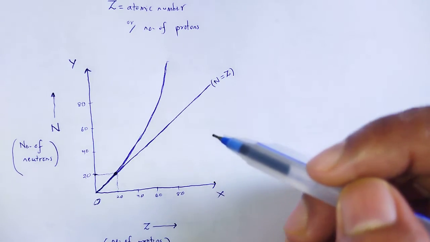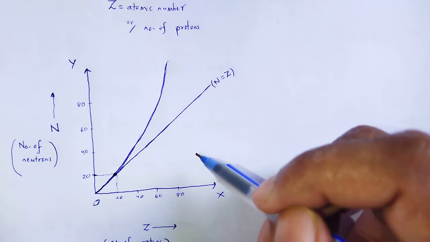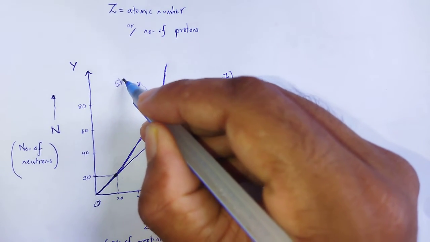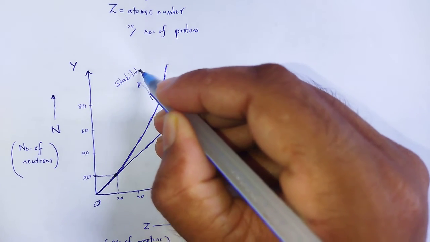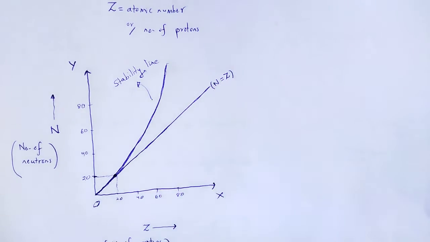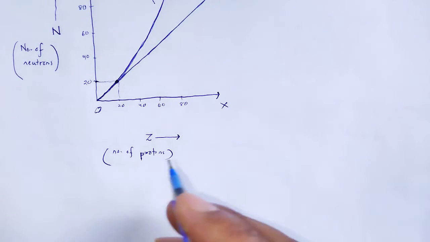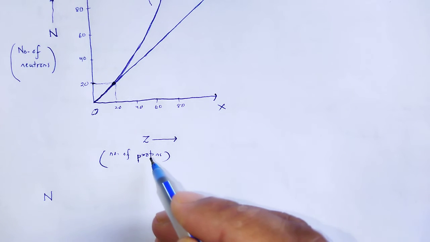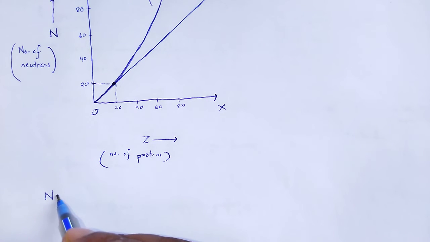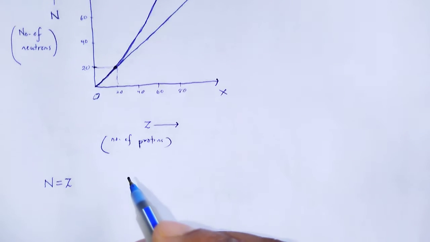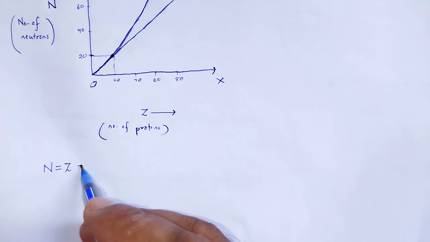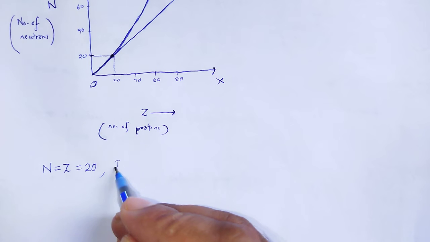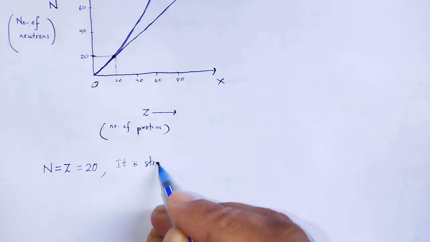And that line we call the stability line. This line is called the stability line. When N is equal to Z, up to 20, it is straight.